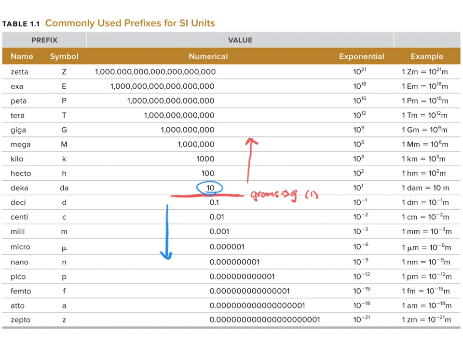In general, the prefixes that we are going to use the most often are centi, milli, micro, nano, and then kilo, mega, and potentially giga. So those are the prefixes that you should know without thinking about them.